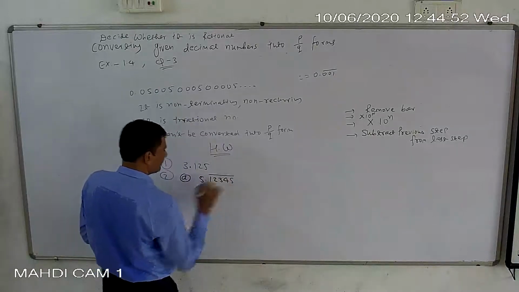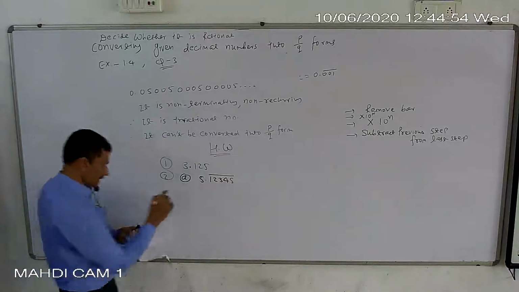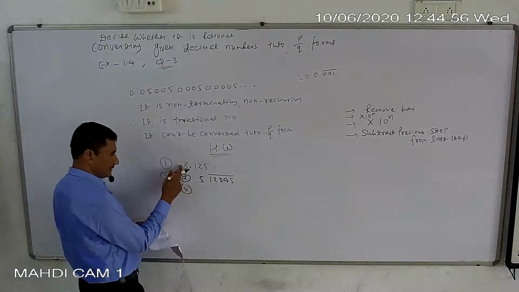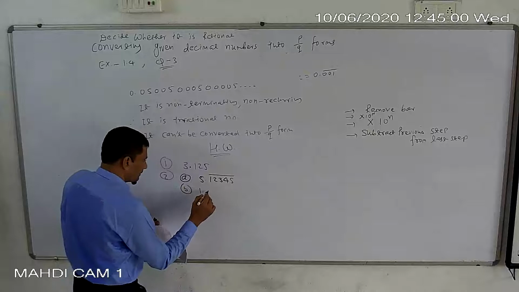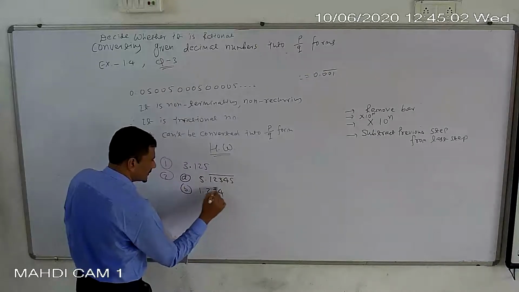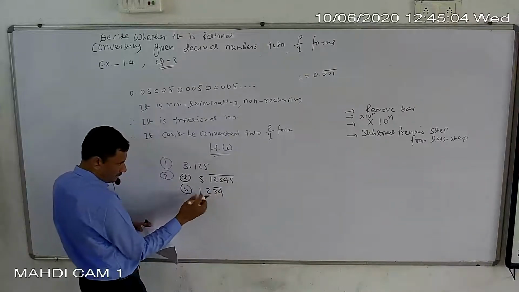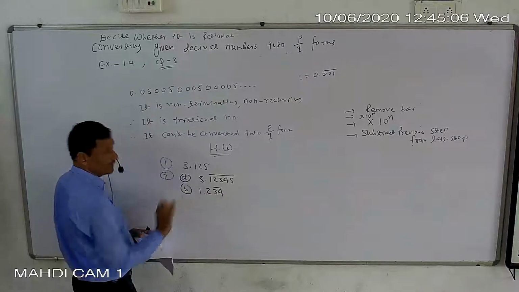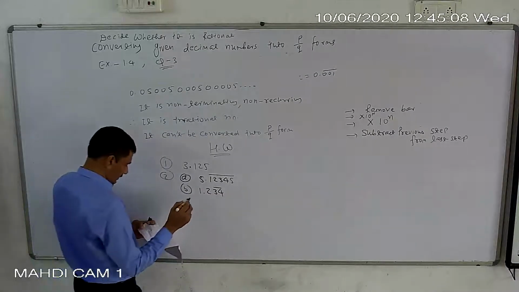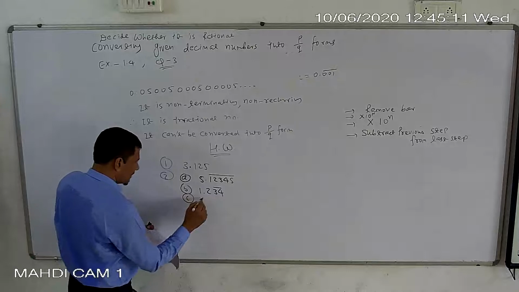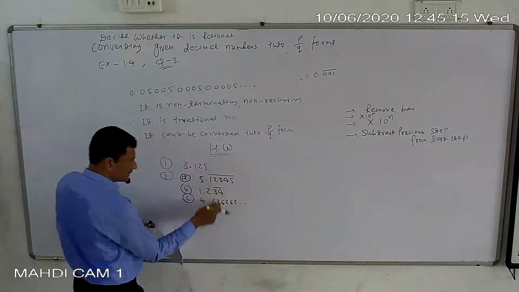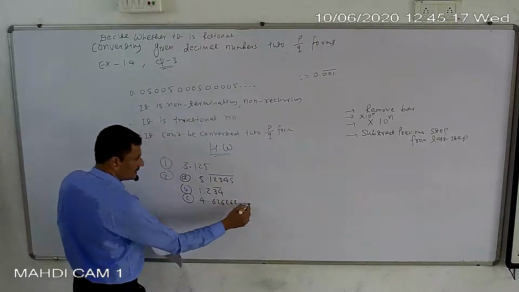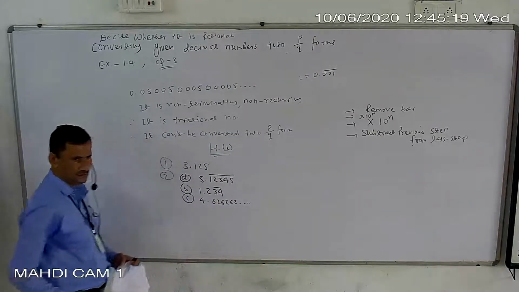B, a terminating part and a non-terminating recurring part, I am giving sub questions. Bar on 3 4 only, so 1.234 bar. Then 4.626262. This is like the previous one, but here instead of the bar they have already removed the bar.